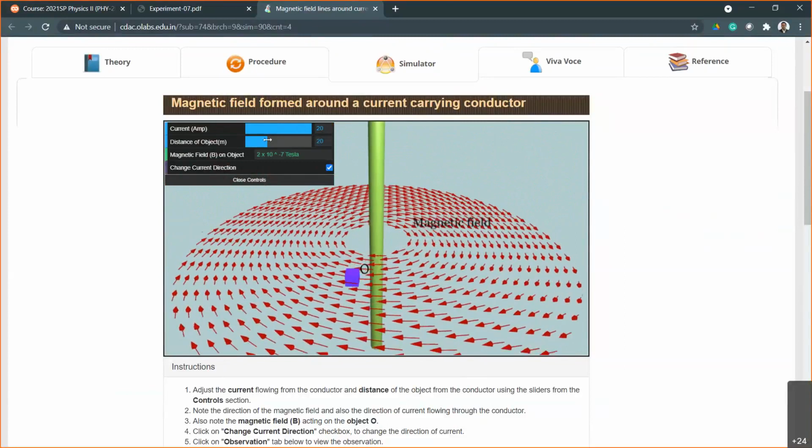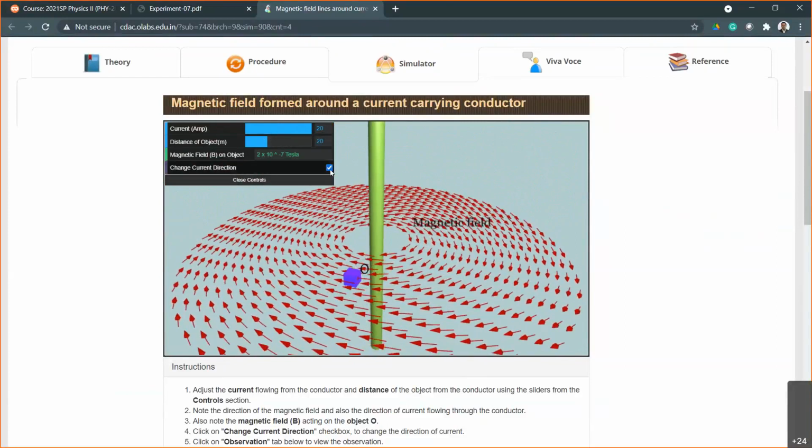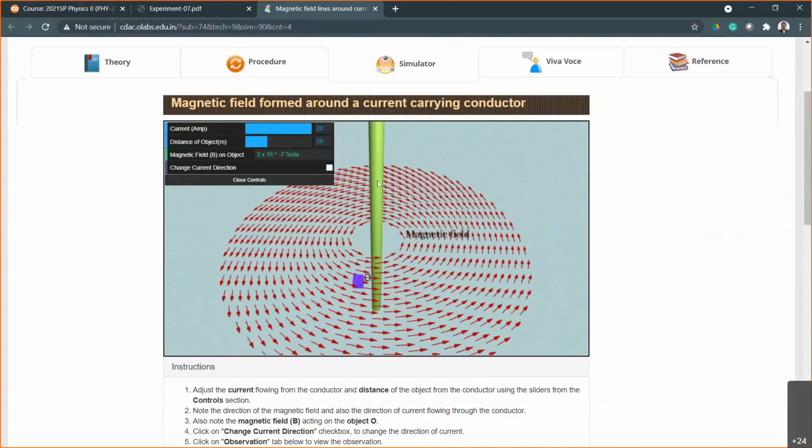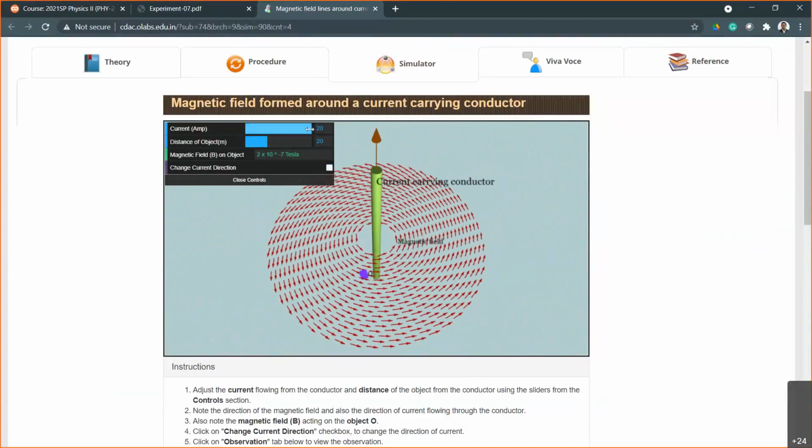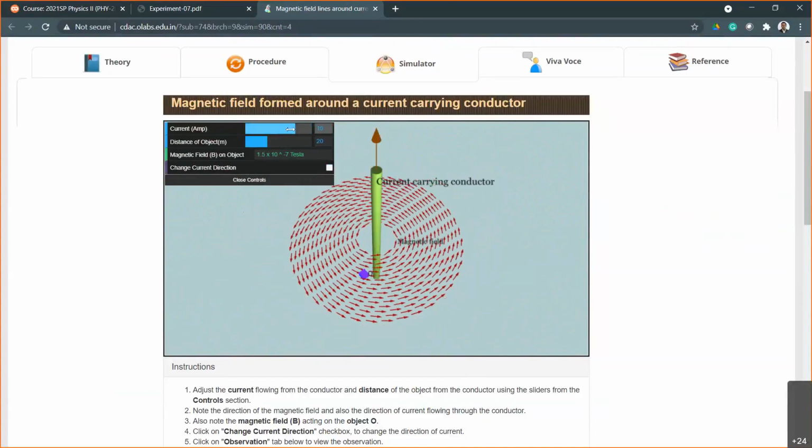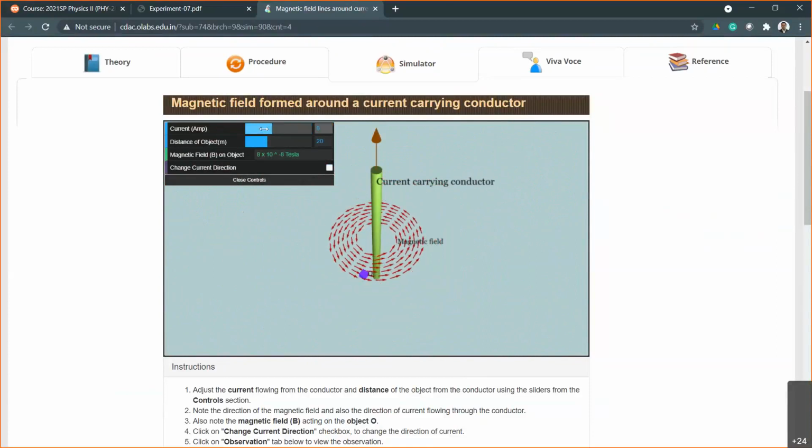Okay, so let's start with the current direction upward first. And the current number technically doesn't matter. We'll put in a reasonable value, maybe 5 amps, which is a good number, because anything larger than that is not really practically possible.